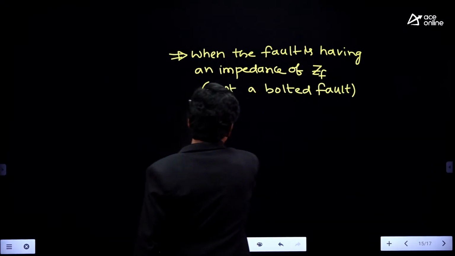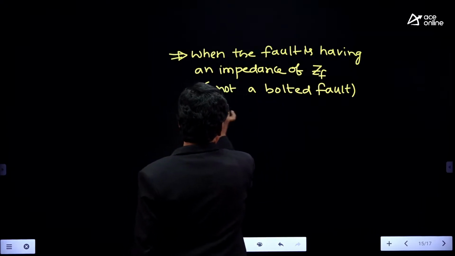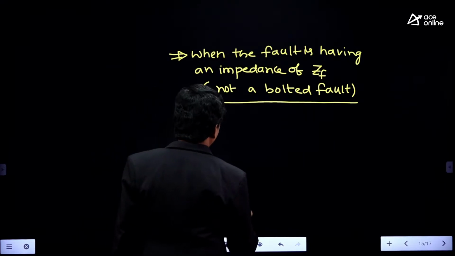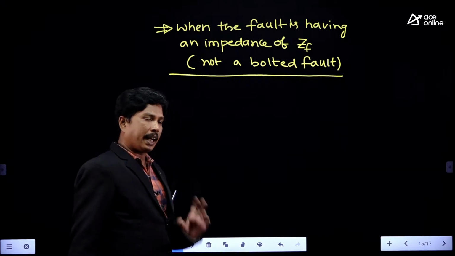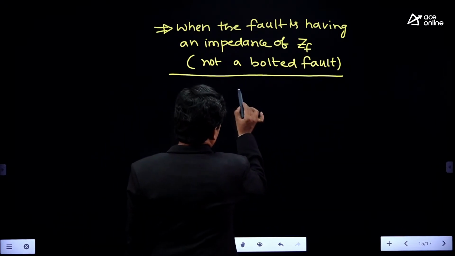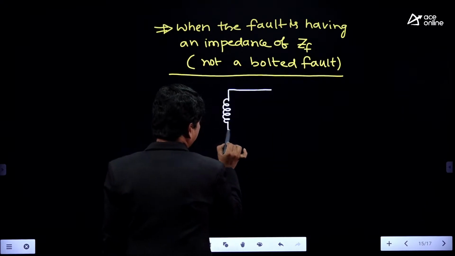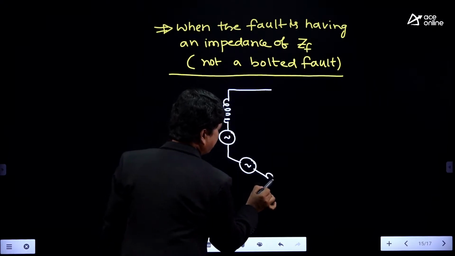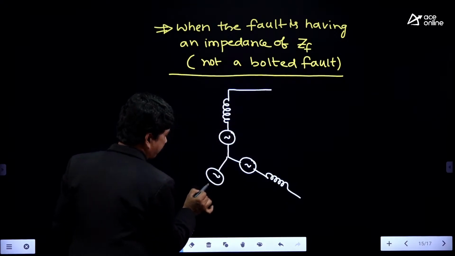In this case, students, please check here. We have the generator. Let me draw the generator. So this is the generator with phase A impedance and phase A source, phase B source and phase B impedance, and phase C source and phase C impedance.